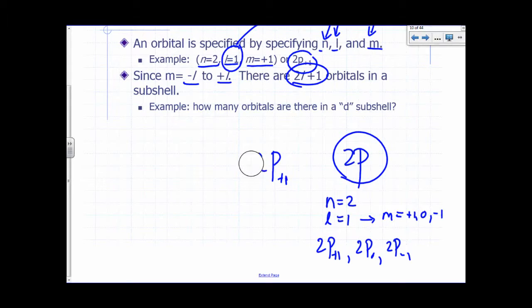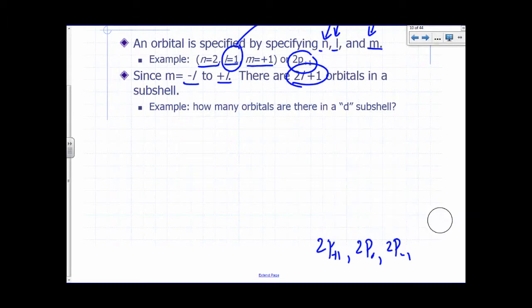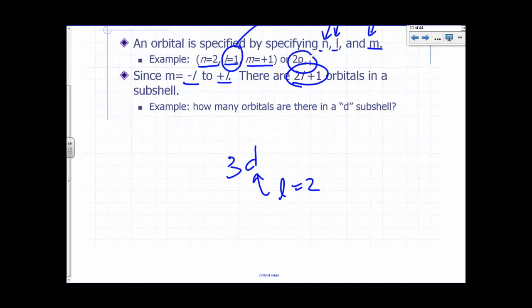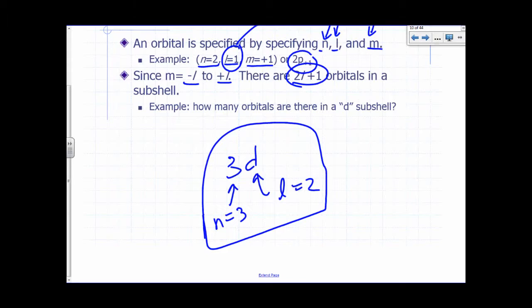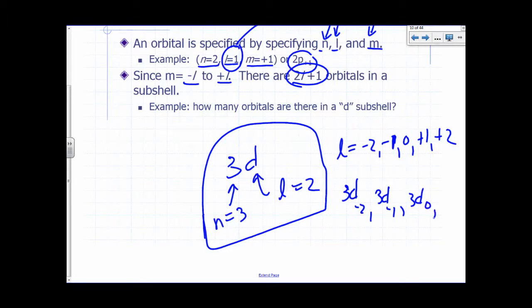Why is that? Let's look at a d subshell, say a 3d subshell. d is code for l equals 2, and 3 means n equals 3. How many orbitals are there? The possible values for m would be negative 2, negative 1, 0, plus 1, and plus 2. So you can have 3d negative 2, 3d negative 1, 3d 0, 3d plus 1, and 3d plus 2: five possible orbitals in a d subshell.